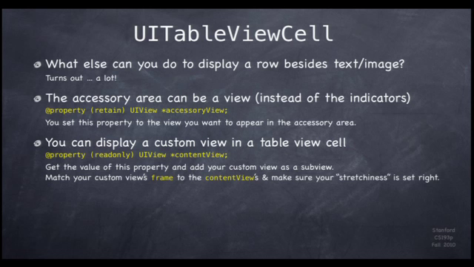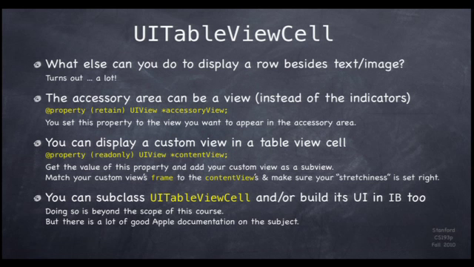So you don't set your custom view as a property, you get a property, and then you add your custom views to that thing. And you want to make sure you match your custom view's frame to the content view's bounds so that it's filling the entire space, if that's what you want. Usually it is what you want. And also make sure your stretchiness is right, so that if the height of rows changes, your custom view will adjust to that stretchiness.